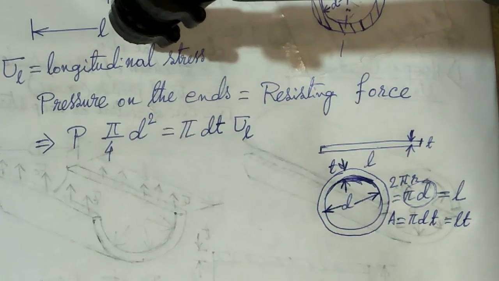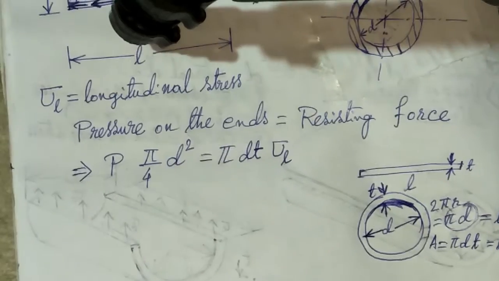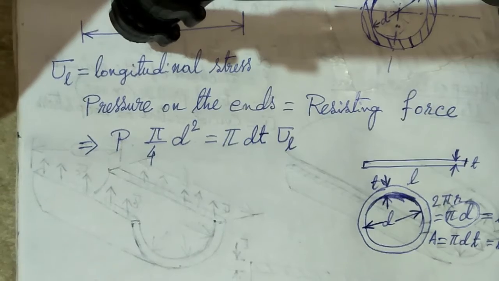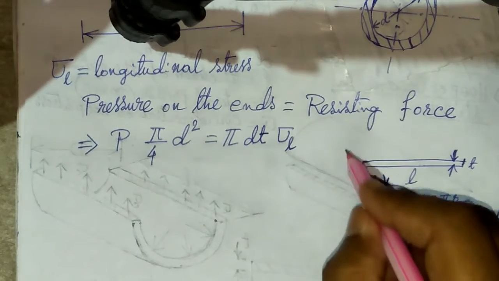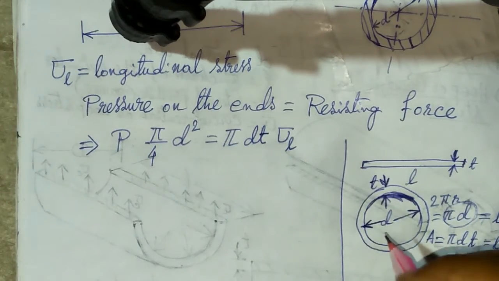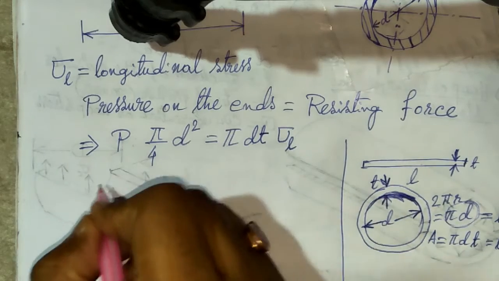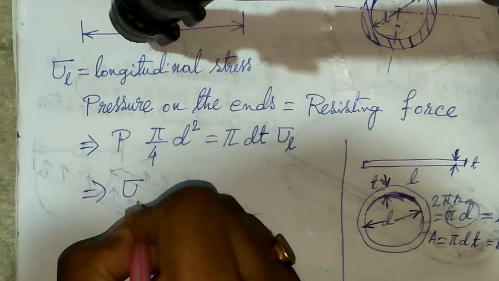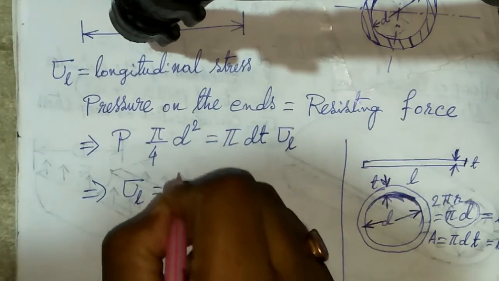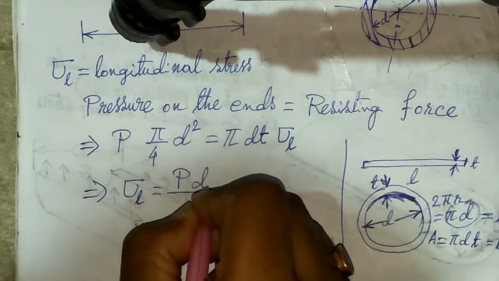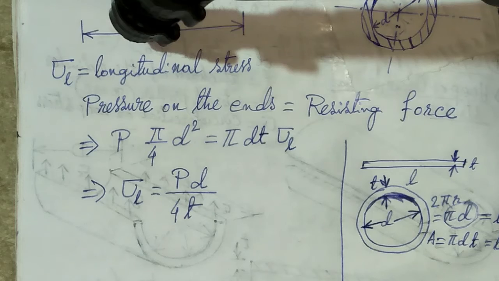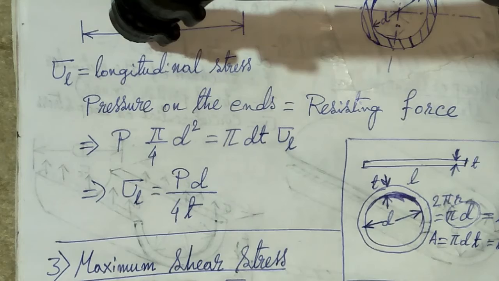This concept we have applied here, that is p into pi by 4 d square is equal to pi into d t into sigma L. So the value of sigma L, the longitudinal stress, becomes p into d by 4t. So the longitudinal stress becomes p d by 4t.